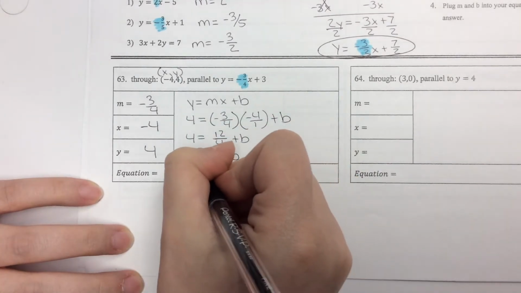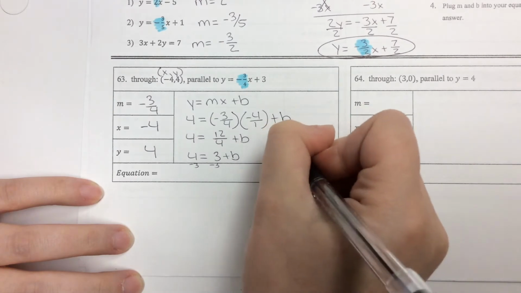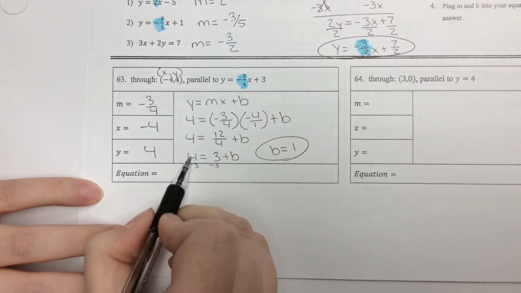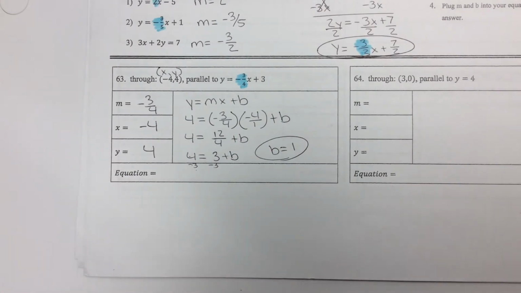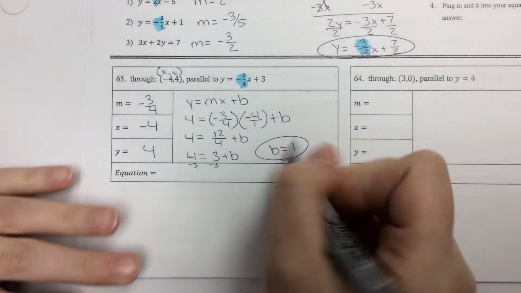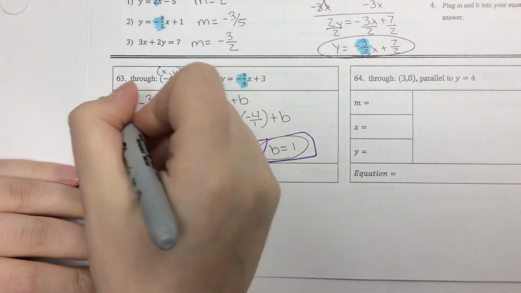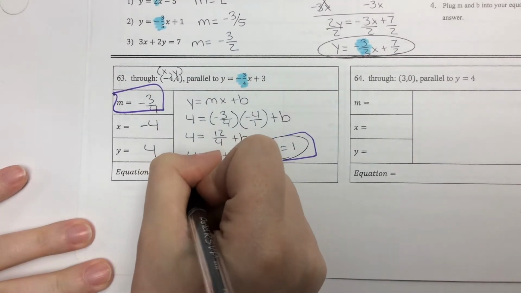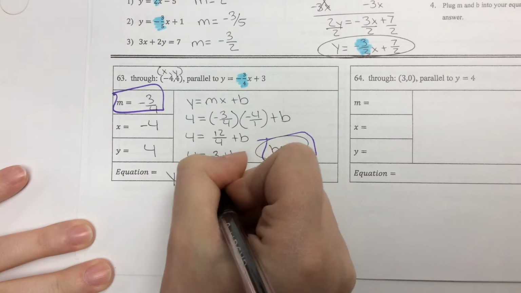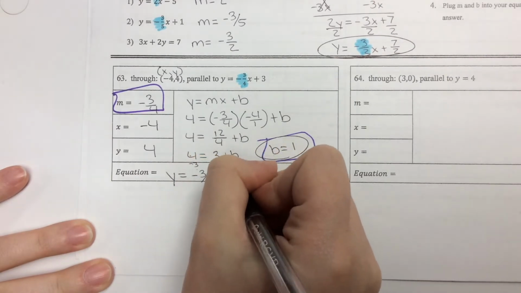Subtract 3. So b equals 1 because we have 4 minus 3. All right. So now what we need to write our new equation is just b and the slope. All right. So the equation of our new line is going to be y equals negative 3/4 x plus 1.